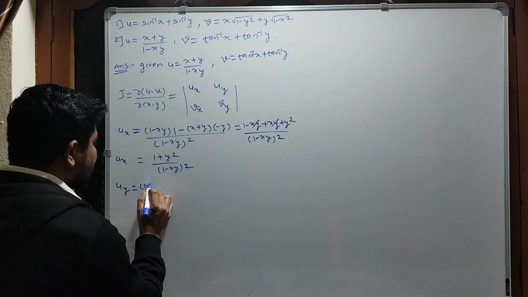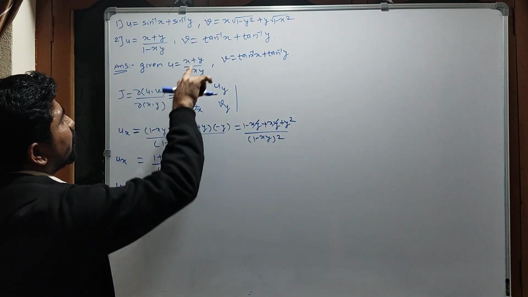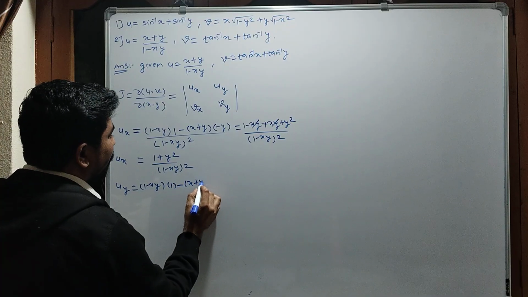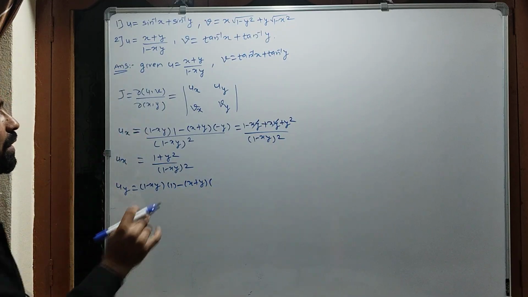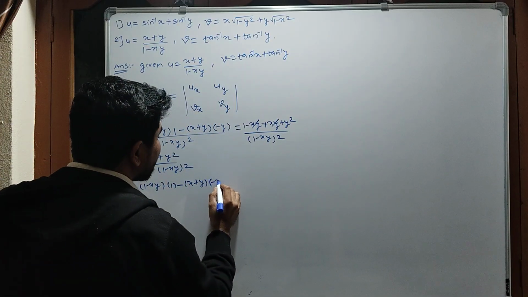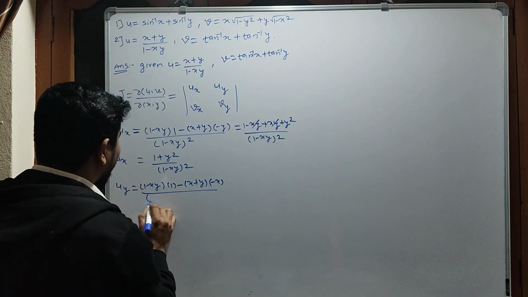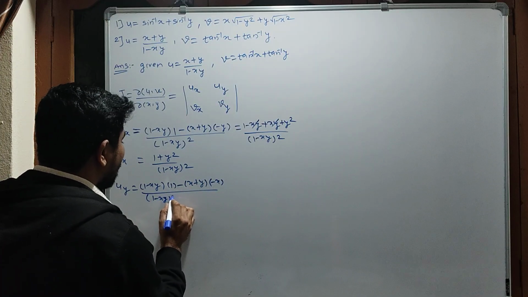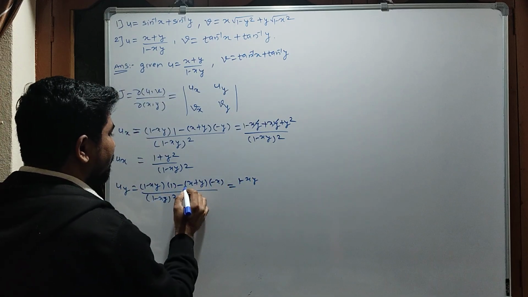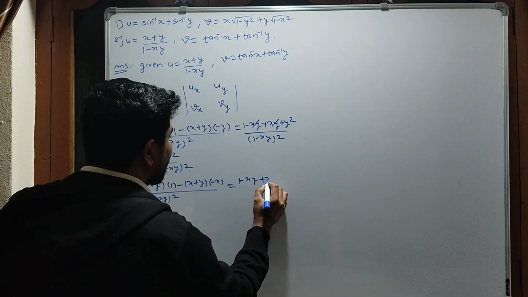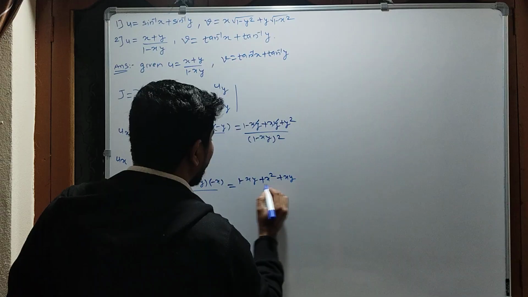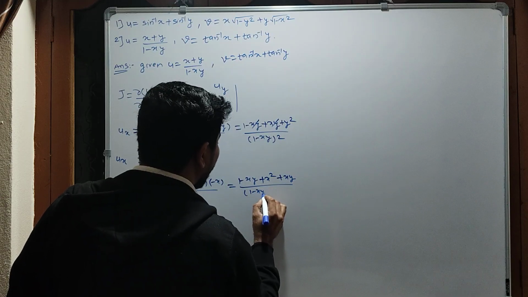So (1 minus xy) as it is, partial derivative of numerator with respect to y is 1, minus numerator (x plus y) as it is, partial derivative of denominator 1 minus xy with respect to y, which is minus x, whole divided by (1 minus xy) whole square.